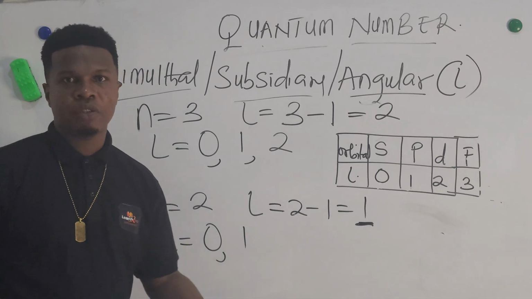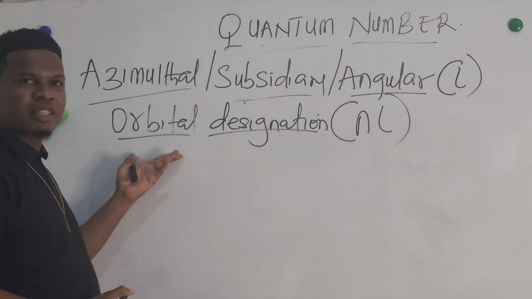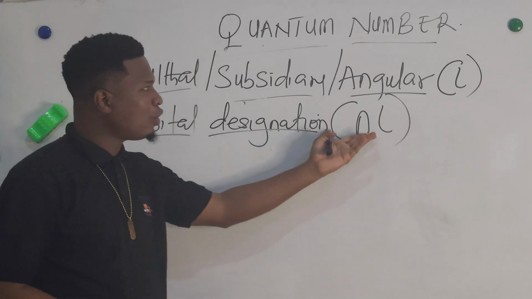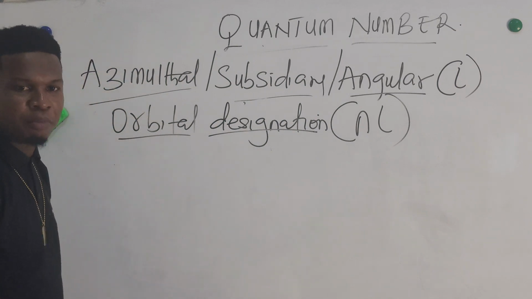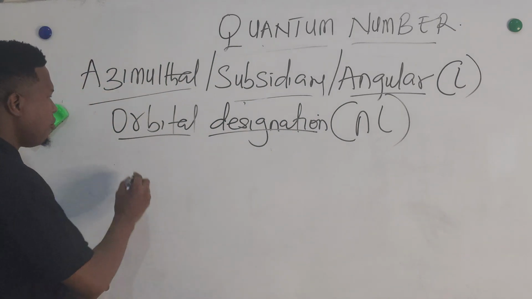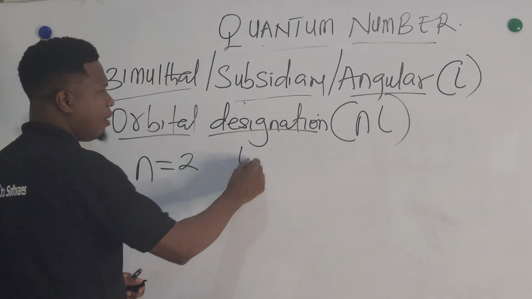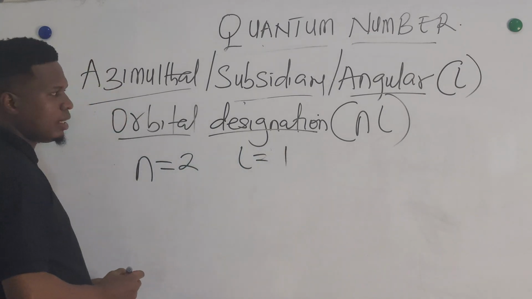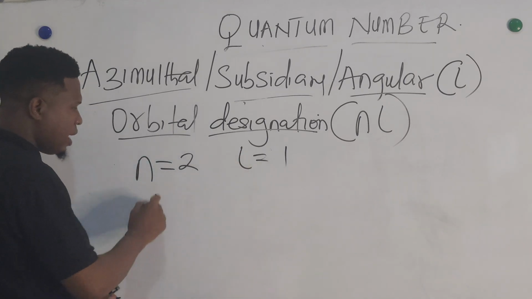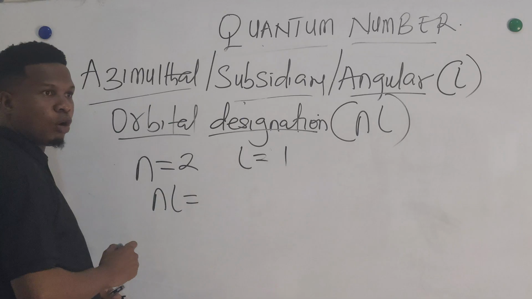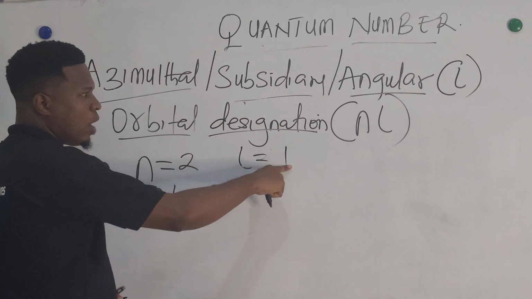What is this orbital designation? The orbital designation is a combination of the principal and the azimuthal quantum number. For example, if n is equal to 2 and l is equal to 1, and you are asked what the orbital designation nl is, it is 2 and 1.